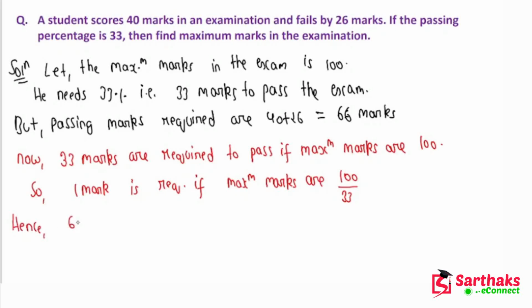Hence for 66, we have to calculate what should be the maximum marks of the exam. Hence 66 marks, that is the unitary method. We have calculated for 1 mark, if the passing mark is 1, then what are the marks of the paper.